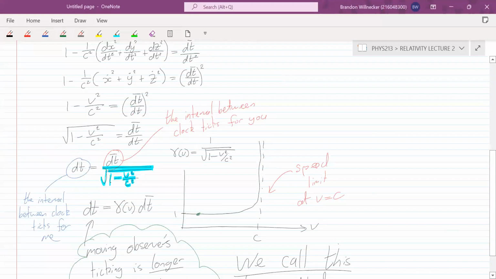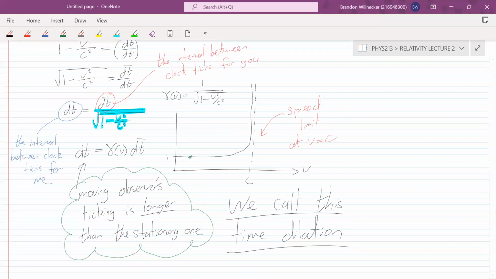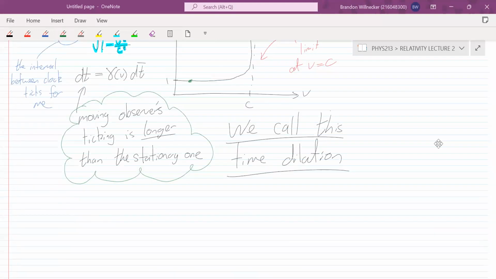We can do a similar derivation here for the other phenomenon of length contraction. Now, I've done this derivation for the time dilation, so I'm going to leave this for homework.